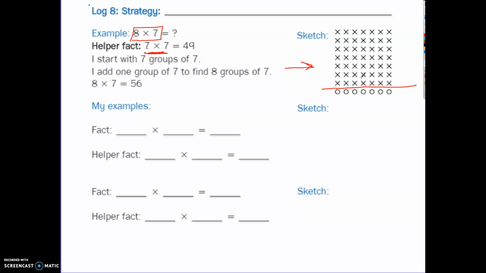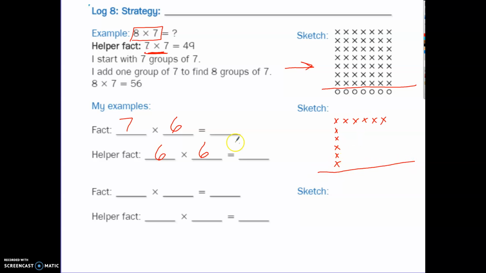So another example, let's say my helper fact is going to be 6 times 6, and I want 7 times 6. So I can go ahead and make my array for 6 times 6. Finish that up. We're going to pretend it's finished. Count that up.